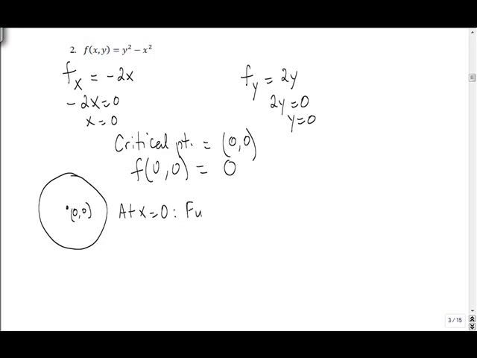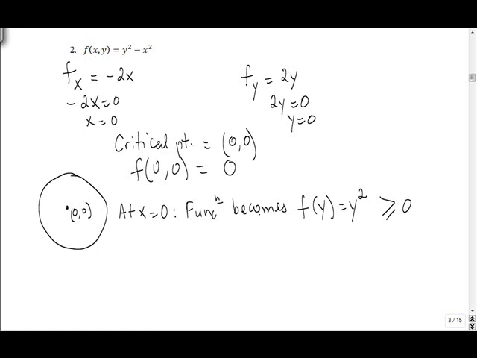The function becomes f of y equals y squared, right? Which is always greater than or equal to 0. So this is always positive.